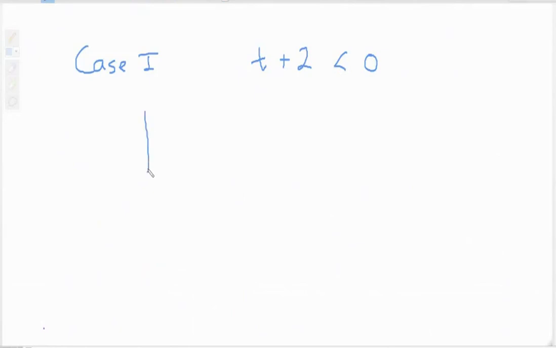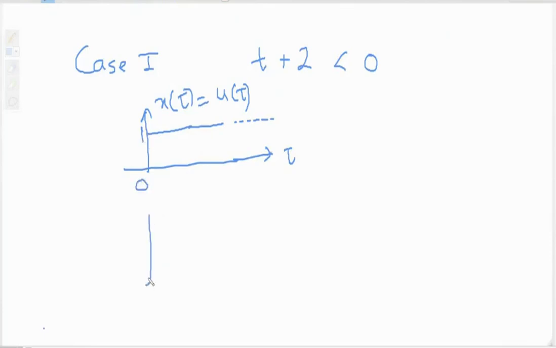X of tau is u of tau. You have to sketch the signal with respect to tau. So this is the graph of x of tau, constant one. Then h of t minus tau, which is nothing but u of t plus 2 minus tau.